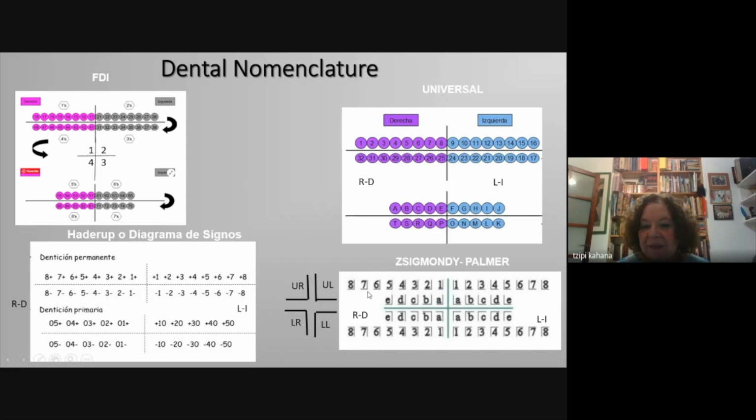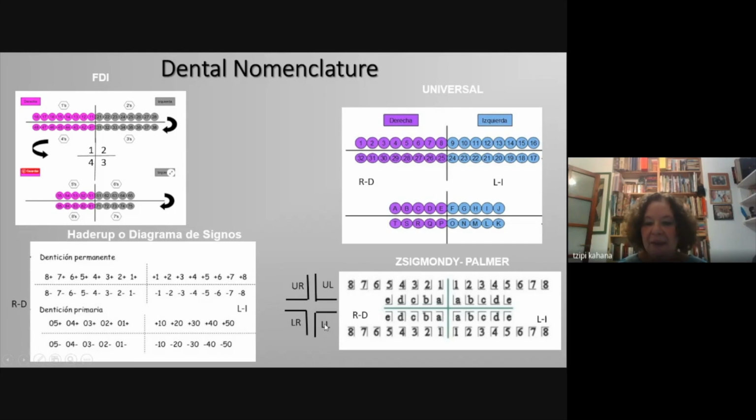What they have here is the same idea of these little quarters that we talked about before, and they just draw the quarter. This is the upper left, this is the upper right, this is the lower left, this is the lower right, and within this quarter, they will write the number of the tooth, 1, 2, 3. So the number that is sitting above the line indicates that it's maxillary.